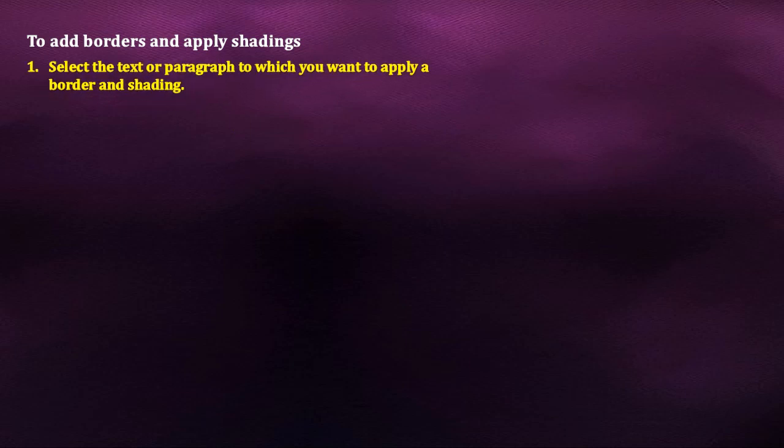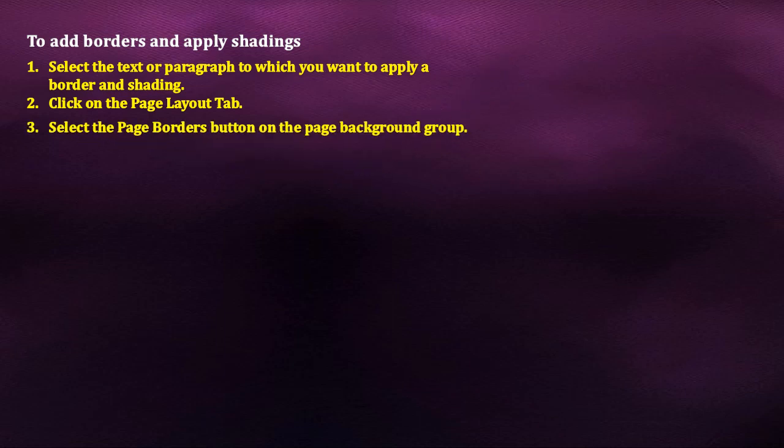To add borders and apply shadings, first select the text or paragraph to which you want to apply a border and shading. Click on the Page Layout tab. Select the Page Borders button in the Page Background group.